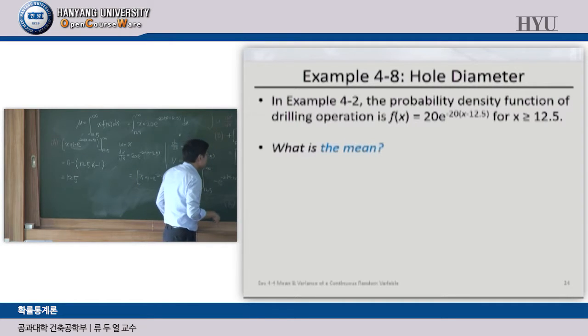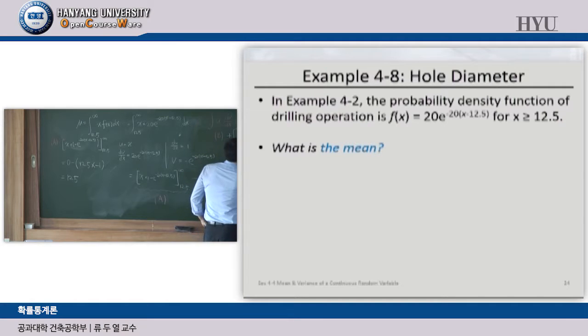So in this case, when we substitute x to infinity, this goes to 0, right? So 0 minus, and when we substitute 12.5 to here, this goes to 1, right? Because exponential 0. So this will be minus 1 over 20, right?